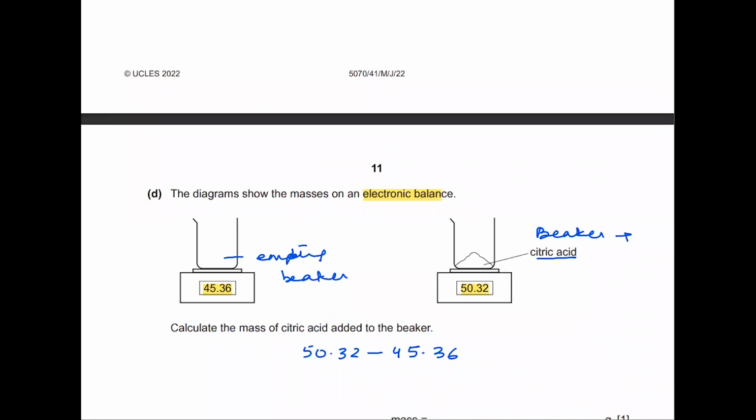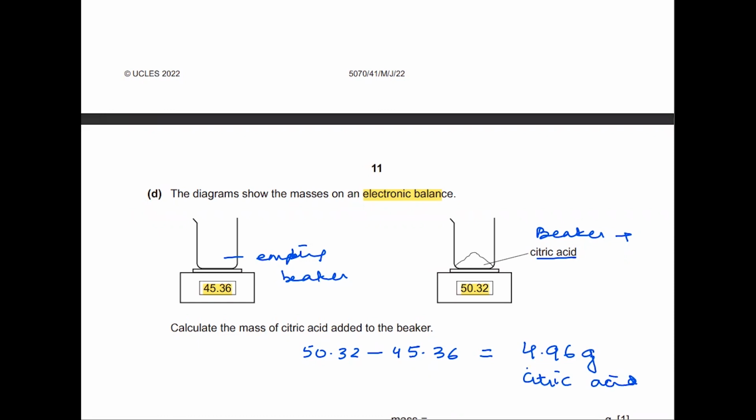So when you subtract both the values, we will be getting the answer, that's 4.96. So 4.96 is the mass of our citric acid which is being given to us, right? So this is the mass of citric acid.